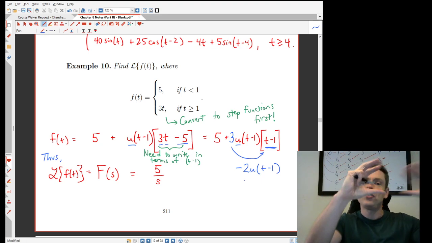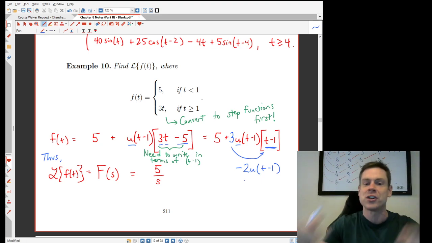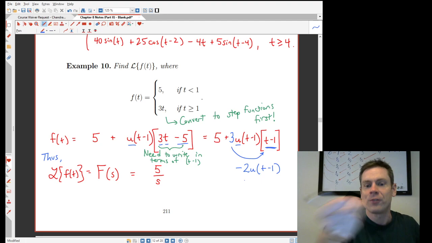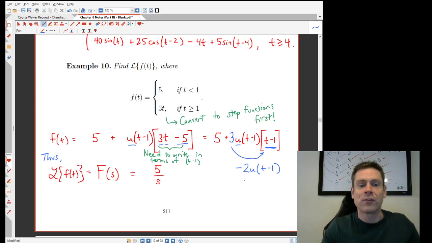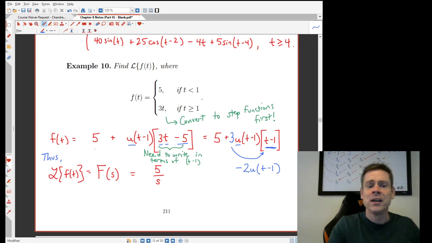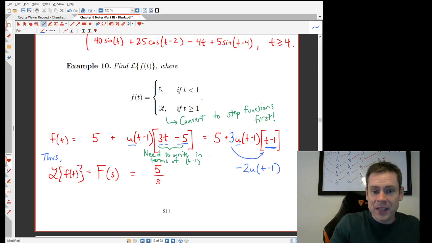But see, now I have 2 different kinds of Heaviside function forms here that I can actually take the Laplace transform of using the formulas. Okay, so given that, just making clear, this is all one line here: 5 plus 3u times this minus 2u, and so on.